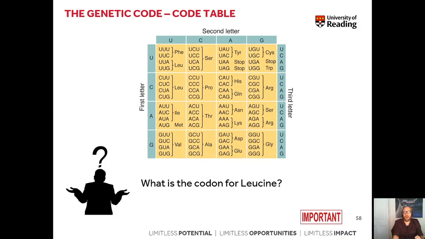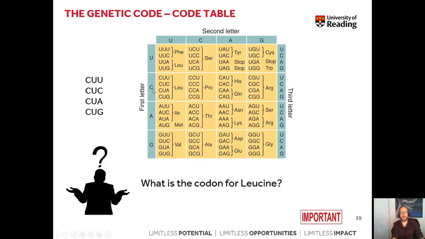Right, so I hope that all of you came up with the following combinations. What you need to do here is to identify the abbreviation for leucine. This is obviously here.